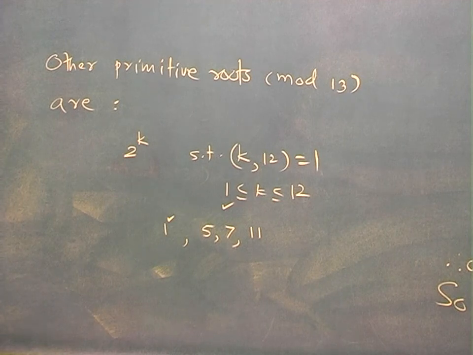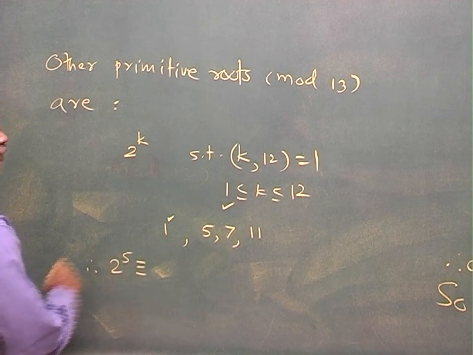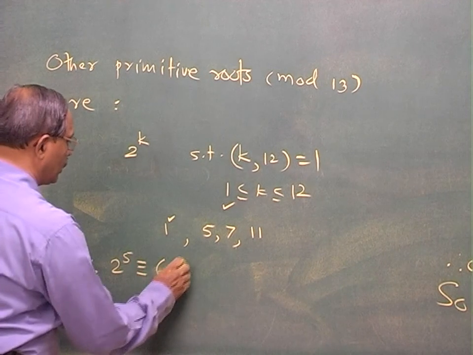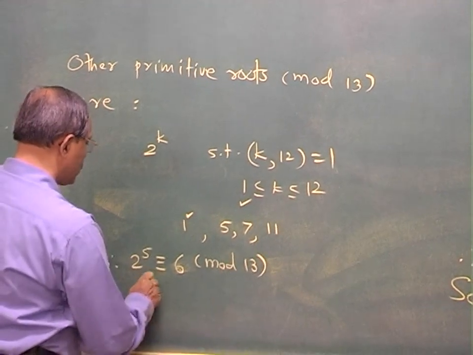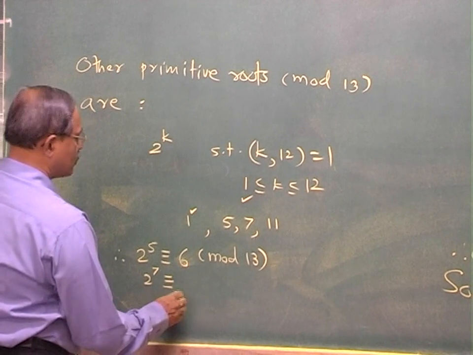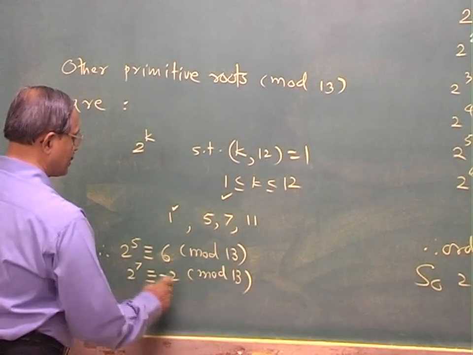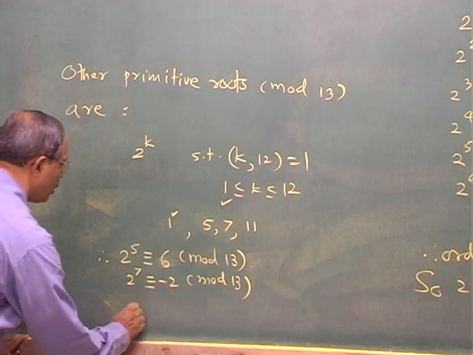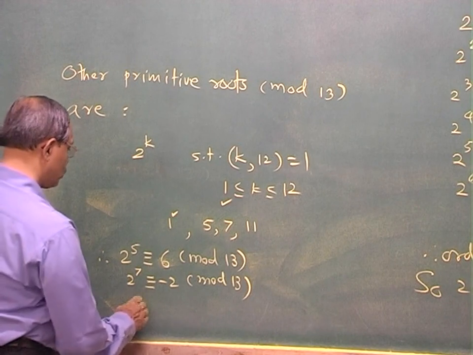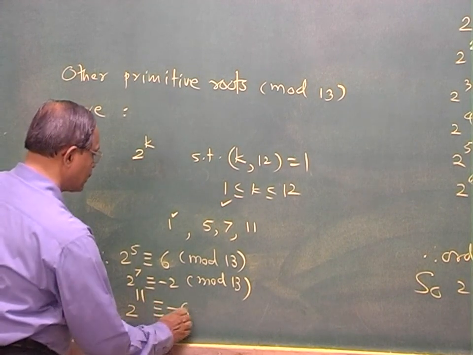So what is 2 raised to 5? Therefore 2 raised to 5 is congruent to 6 mod 13, 2 raised to 7 is congruent to minus 2 mod 13, or we can say 11 mod 13, and 2 raised to 11 is congruent to minus 6 mod 13.